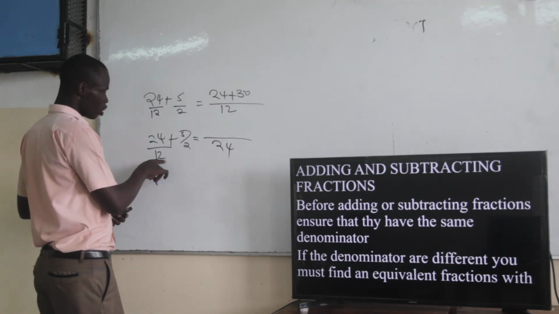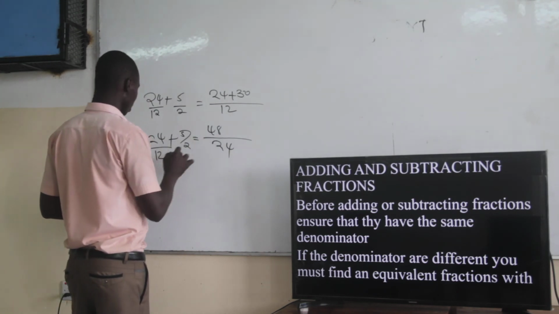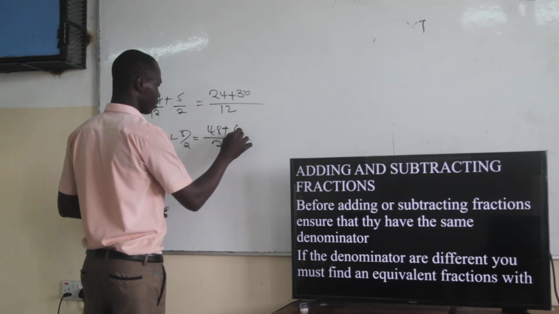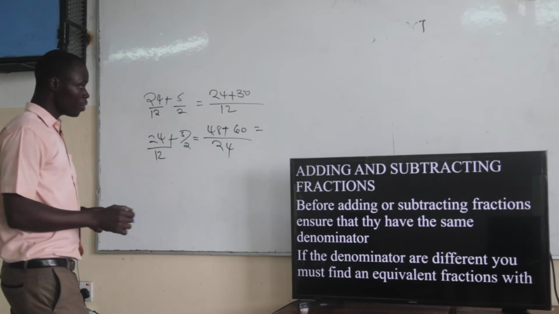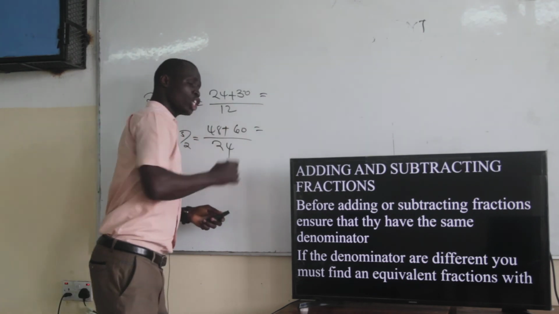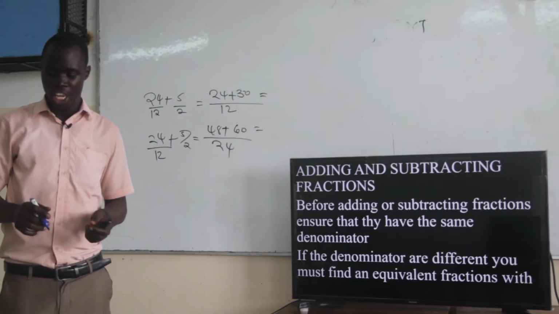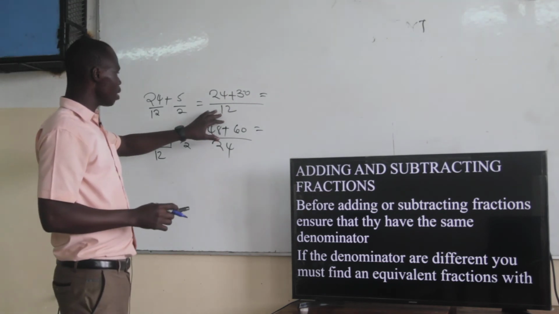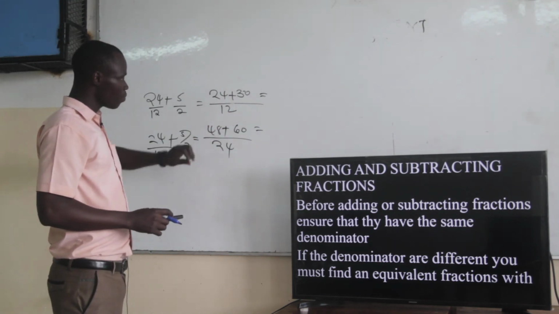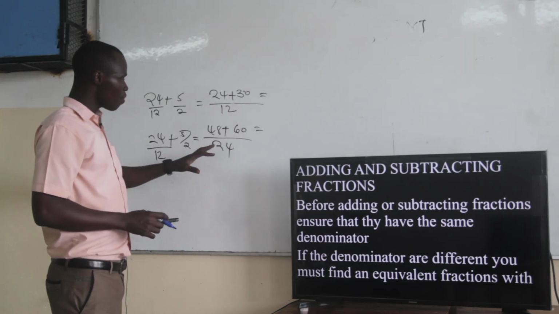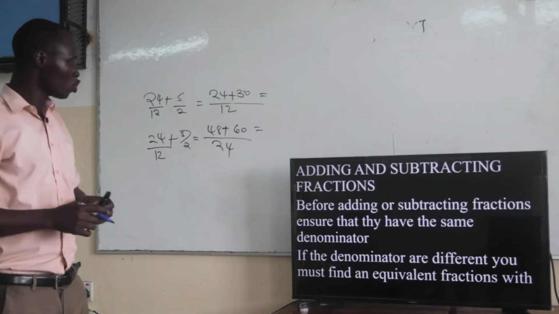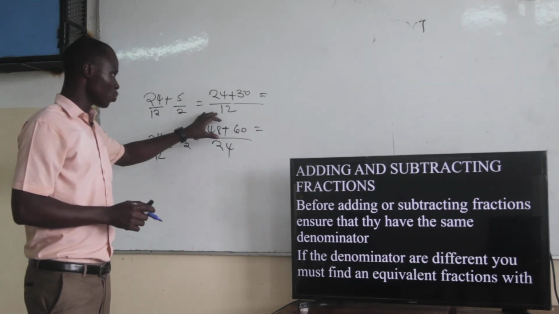This one will be going twice, 8, plus this one will go here, 16. So at the end of the day, the two of you, if you simplify, you are going to get the right answer. But whoever uses the least LCM here is likely not to have to run through simplification.